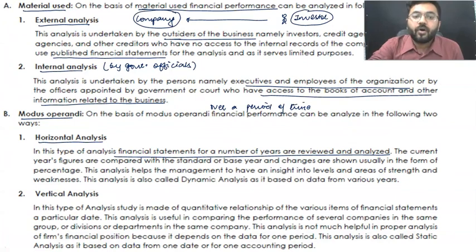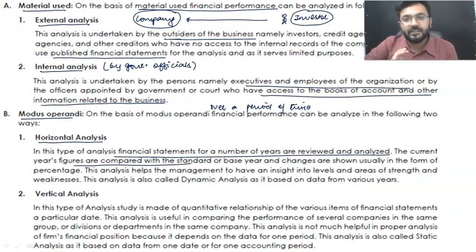This is horizontal analysis. You are going to compare your figures with the standard or the base year, and find out what is the change on a per year basis, just like we are preparing our financial statements these days, right? So we have the current year figures, then the past year figures, but this horizontal analysis is much more elaborate as compared to that.